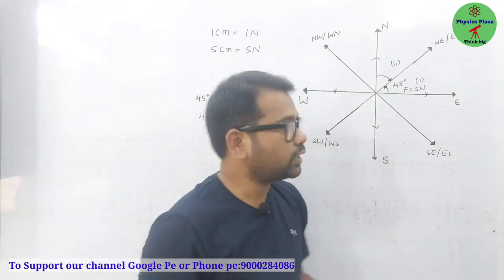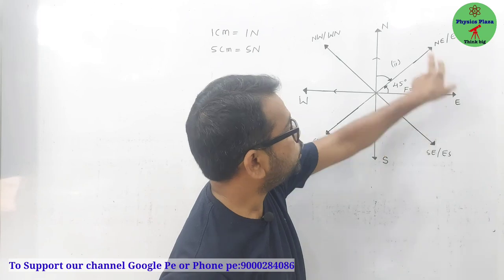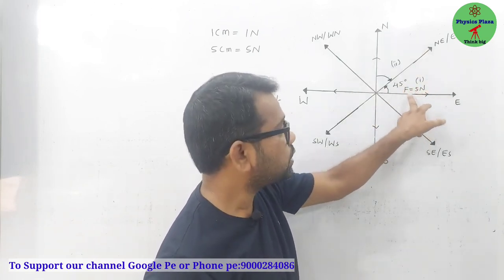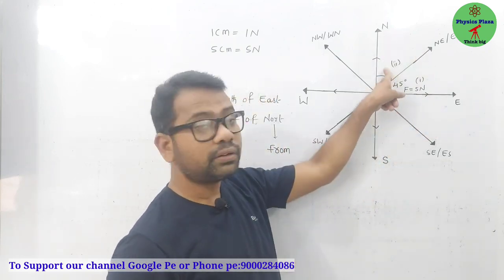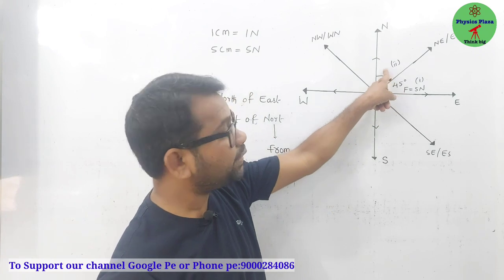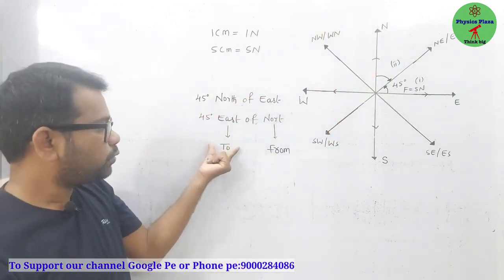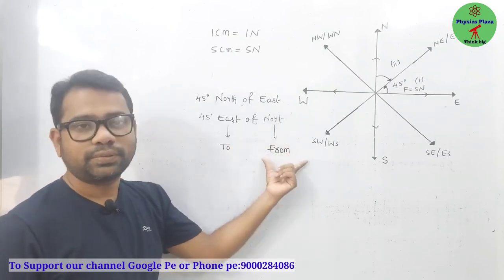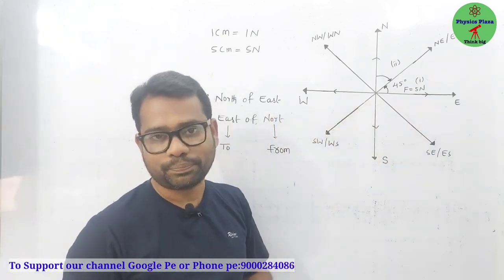From where that particular vector is coming. So in the first case, moving from east to north, we can write 5 Newton force, 45 degrees north of east. Whereas the second one will be 45 degrees east of north. So to, from. I repeat once, to, from. If you have this point in your mind, you don't have any confusion at all.